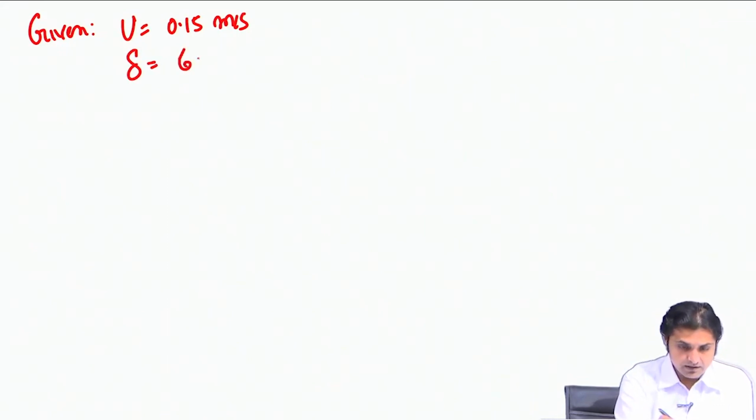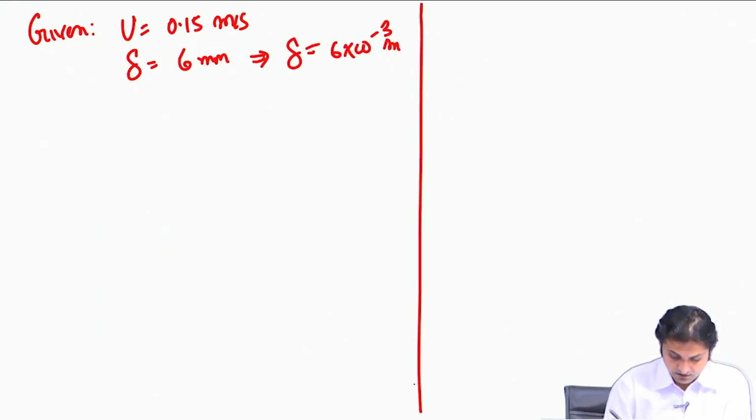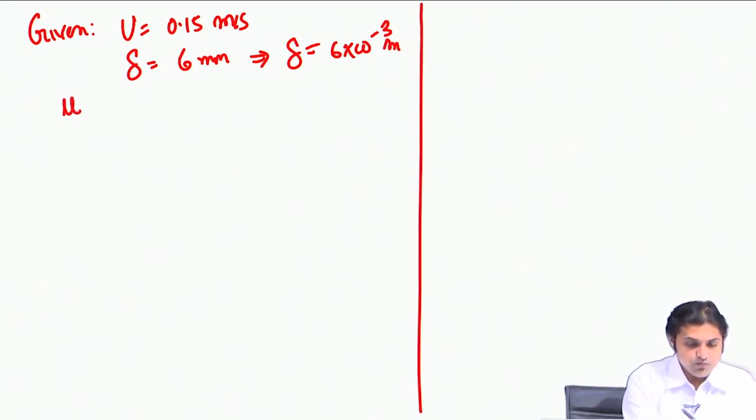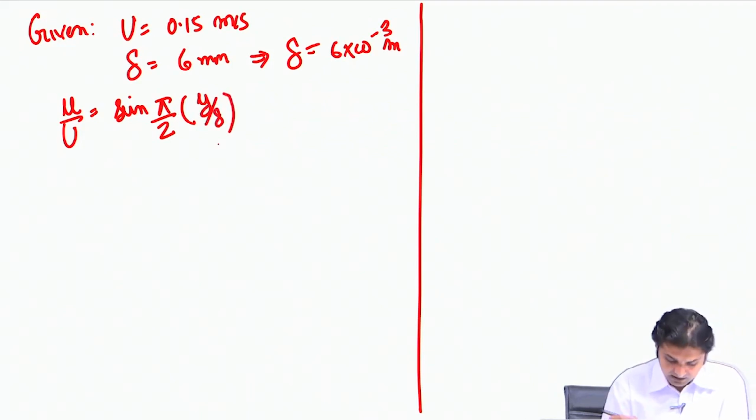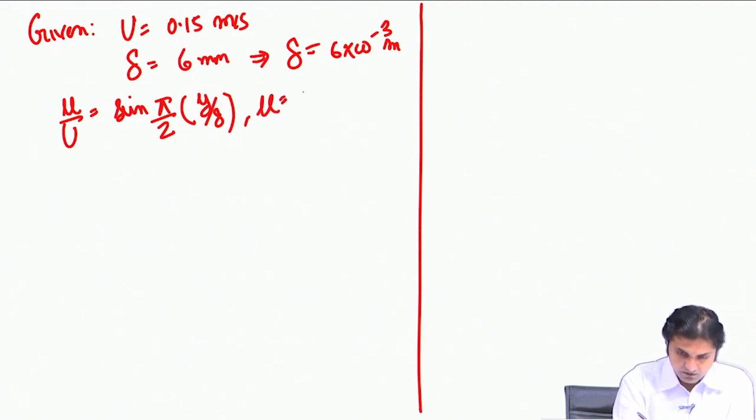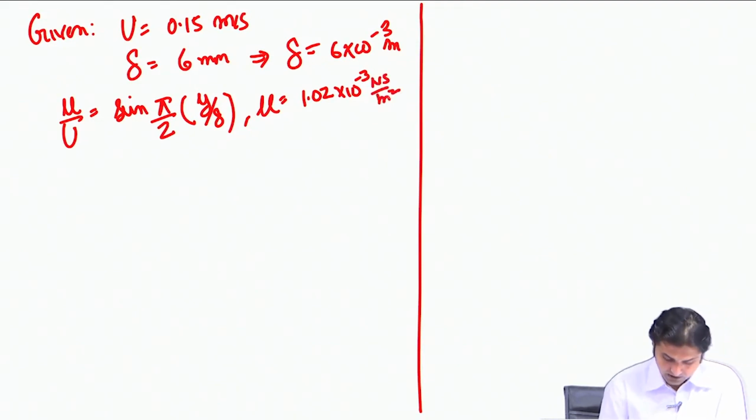Delta is 6 millimeters, or 6 into 10 to the power minus 3 meters, and u by capital U is sine of pi by 2 into y by delta, and mu here is given as 1.02 into 10 to the power minus 3 Newton second per meter square.